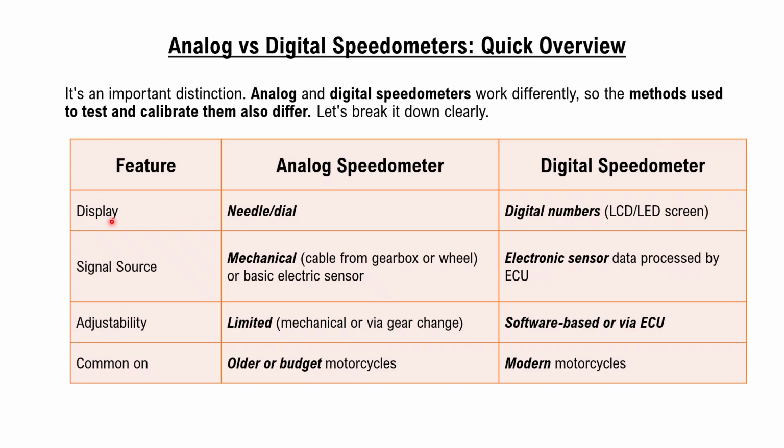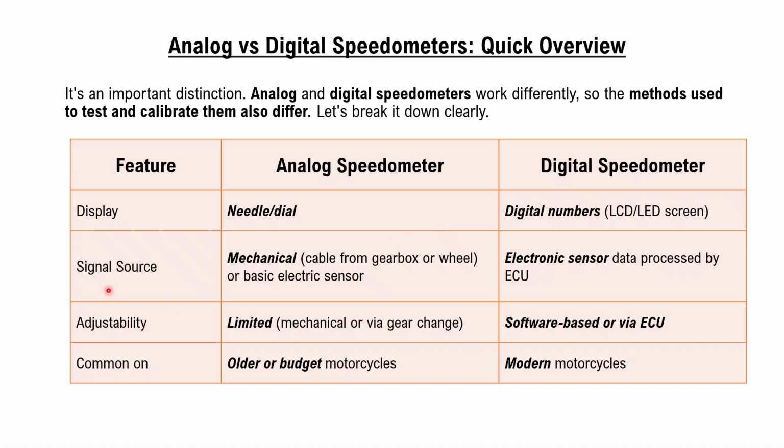Display. The display feature in the case of an analog speedometer is a needle and dial. In the case of a digital speedometer, the speed is displayed through digital numbers, that is, through an LCD or LED screen.